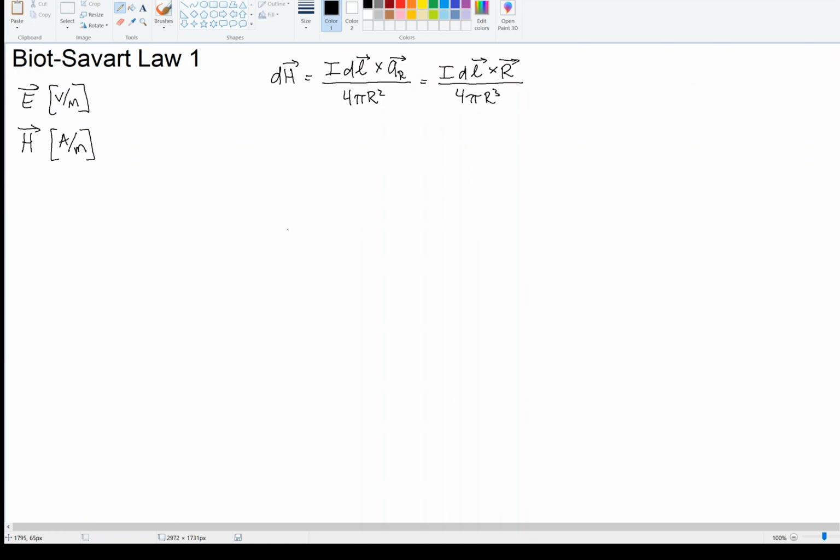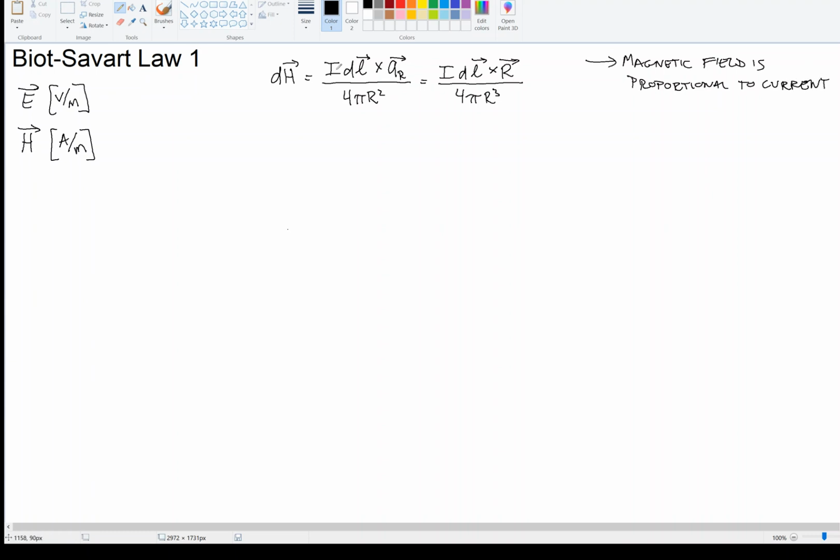First of all, let's write down some important points. Notice that the magnetic field is proportional to current. Okay, and how do I know that?